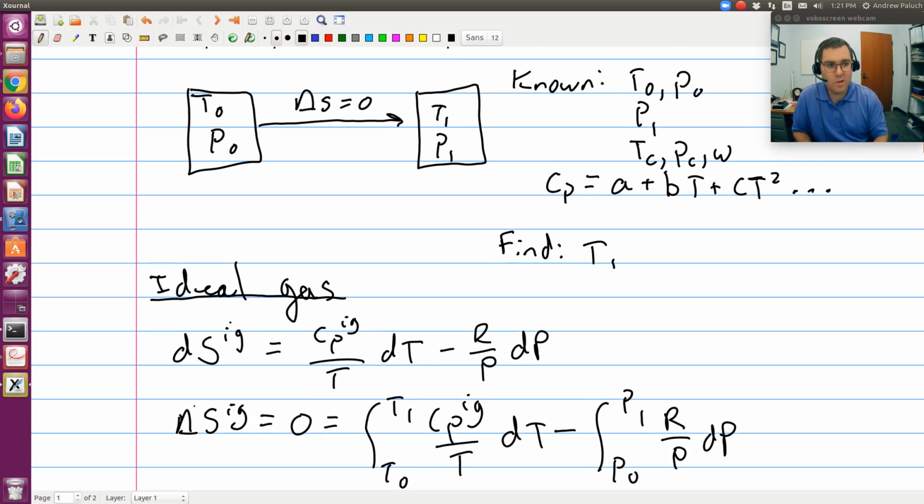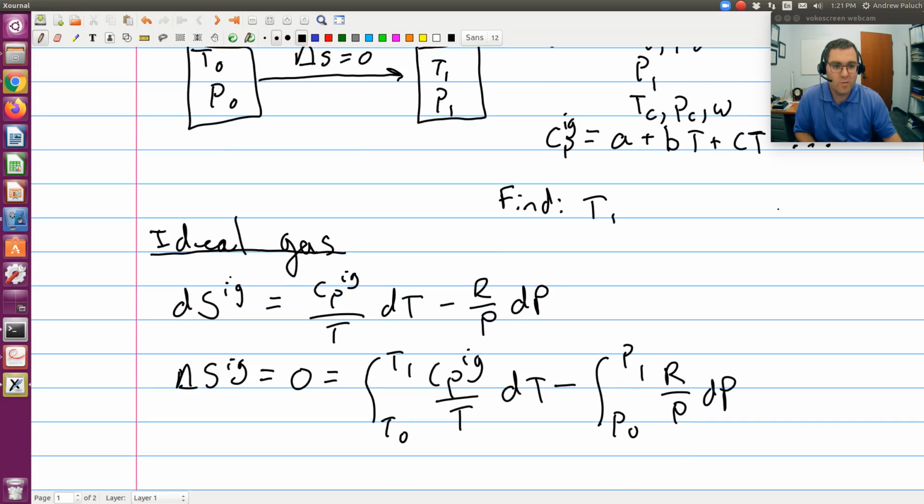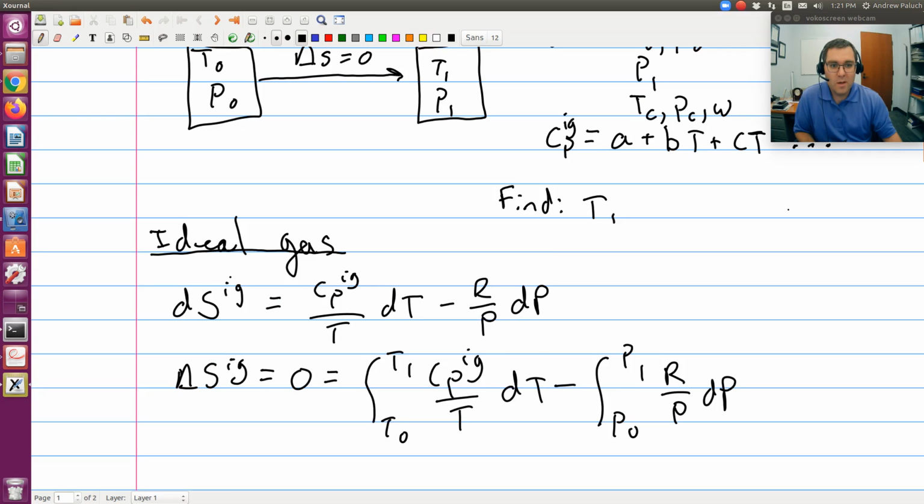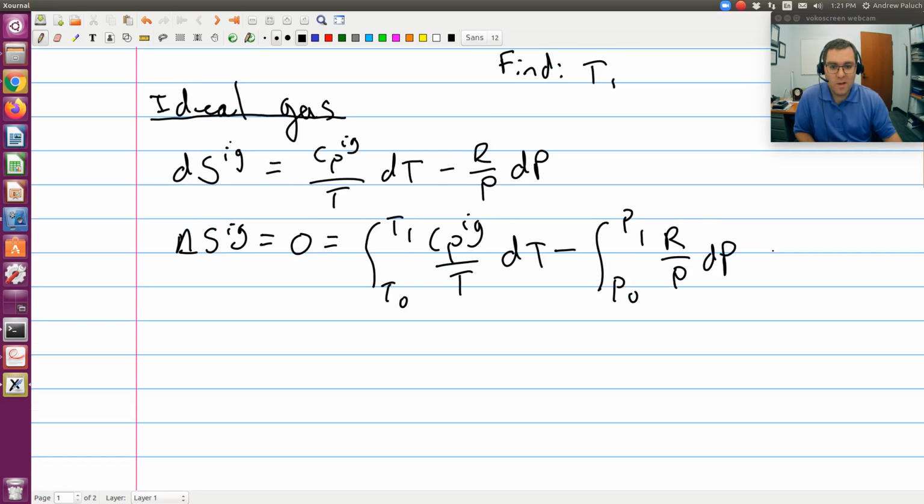I believe it's actually presented as Cp ideal gas over R, so that it's dimensionless. But here, for illustrative purposes, let's just take Cp ideal gas to be a simple second order polynomial. I can't remember if it's 4 or 5 terms used in the problem I gave you, but here let's just truncate it after 2 for convenience. Polynomial expressions are typically how ideal gas heat capacities are tabulated.